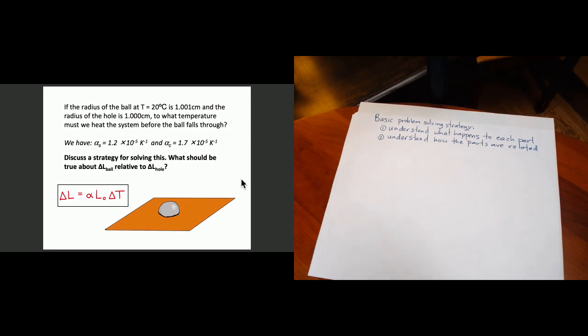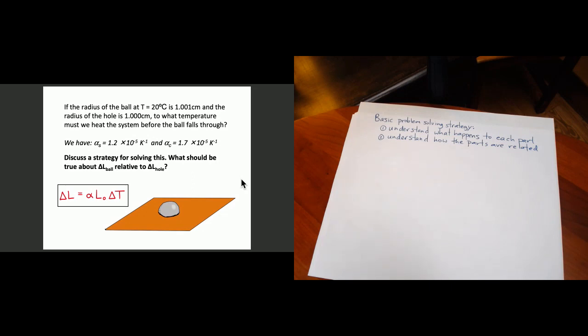And so if you have a problem like this, one way to approach it is to think about, first, what happens to the individual parts of your system. Based on what you're told in the question, think about what happens to the individual parts. Use whatever quantitative knowledge, whatever formulas apply to those individual parts that are relevant to the question, and just make a list of things that will happen.